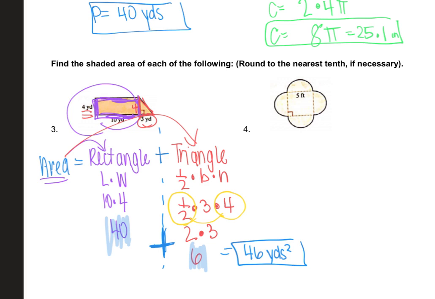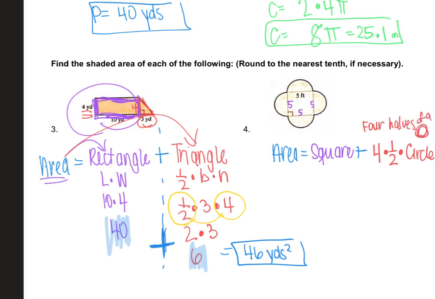So basically what I have, my area is going to equal a square in the middle, because if you remember this, if this is 5, they're all 5, plus 4 halves of a circle. 4 halves of a circle. 4 times 1/2 times the circle.